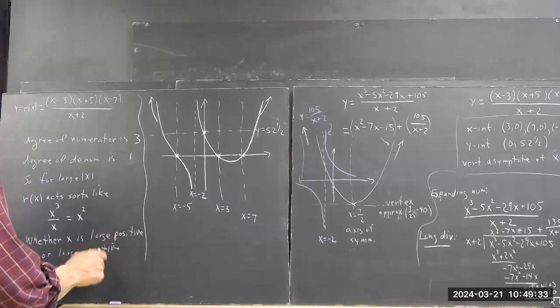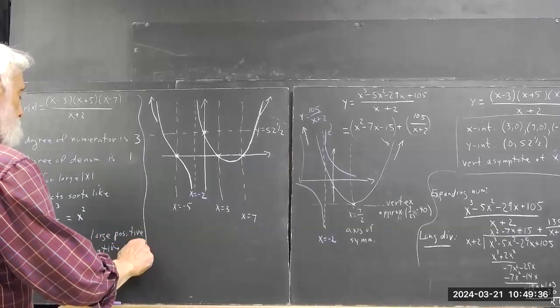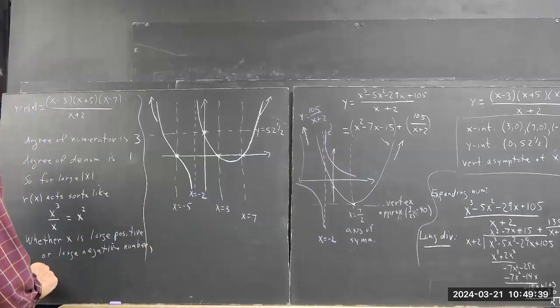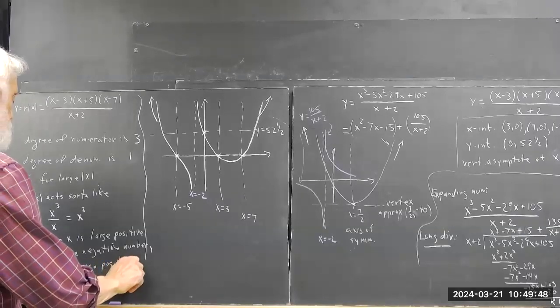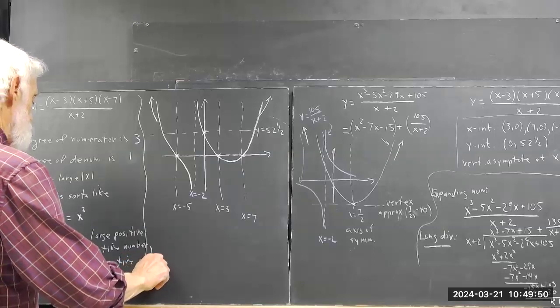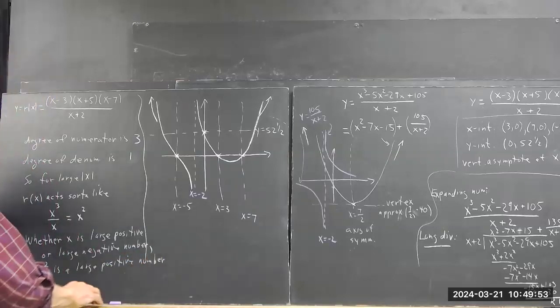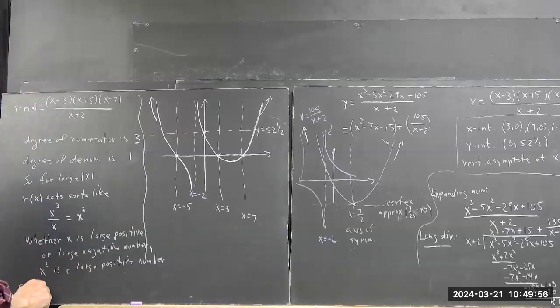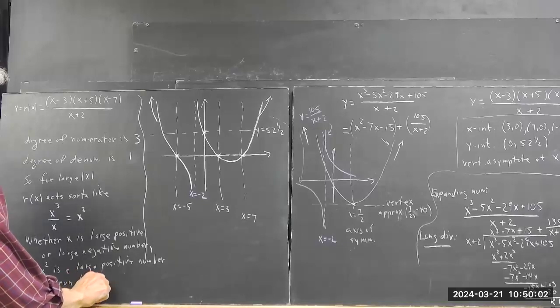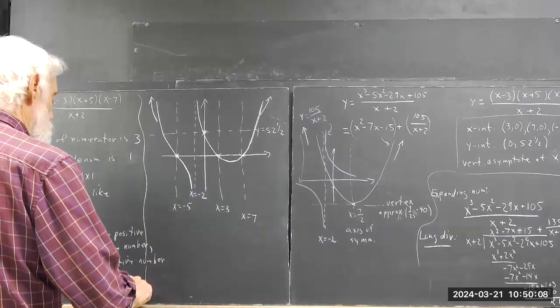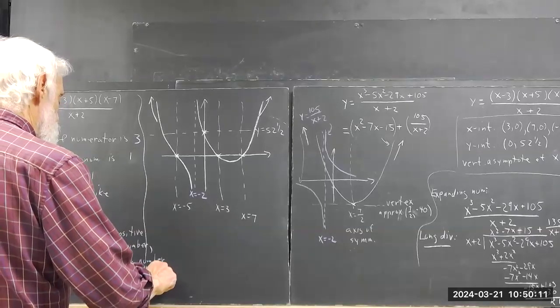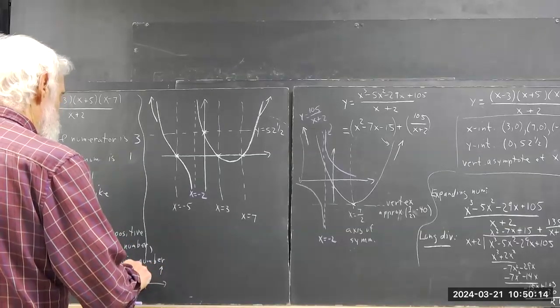Whether x is a large positive or a large negative number, x squared is a large positive number. So the long run behavior is like this.